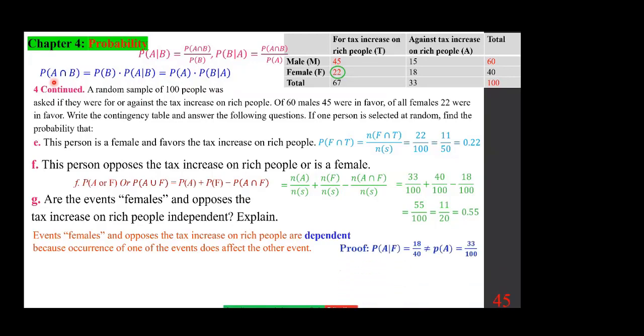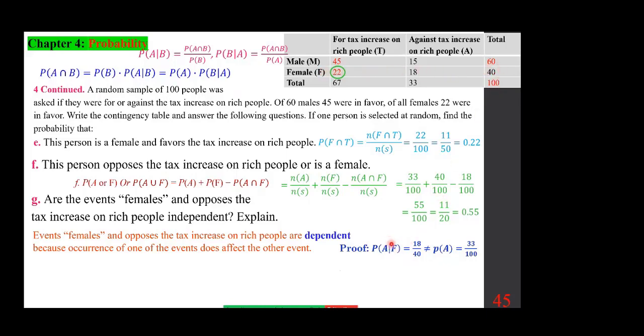Therefore, you look at probability of A given F in this example, or F given A. I leave it for you to look at that later on. If that's equal to probability of A, they are independent. But they are not. See, probability of A given F. So take a look at F, 40.